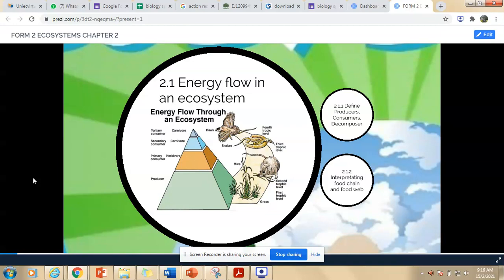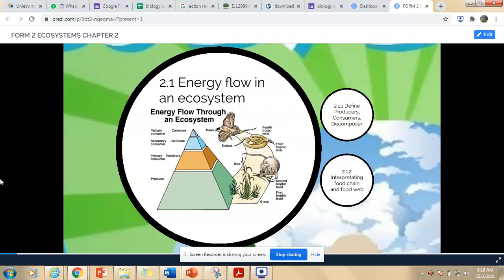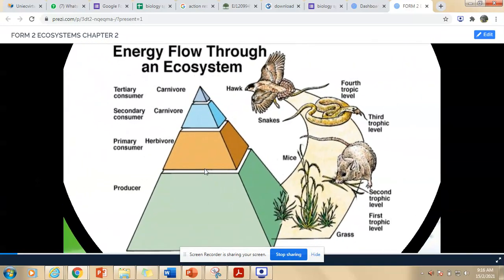Okay, as you know, I think you already know the hierarchy of some of the organisms. As you can see, the producer has a lot of energy compared with the herbivore, and as the hierarchy going higher, the energy is going to be decreased.